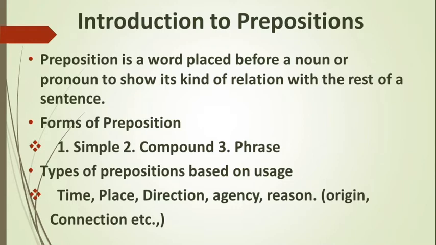Prepositions of agency describe a person or a thing that has caused or is causing something to occur. Example, with, which is used along with the instrument, and by.